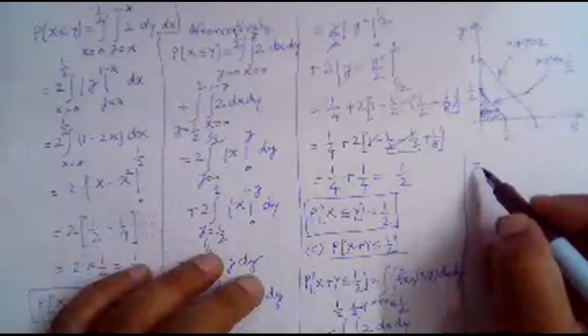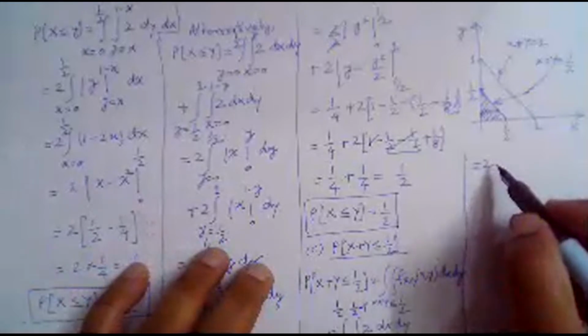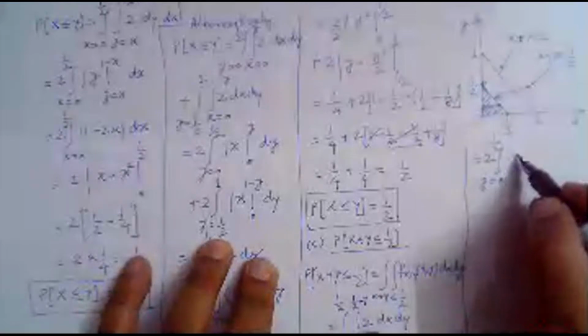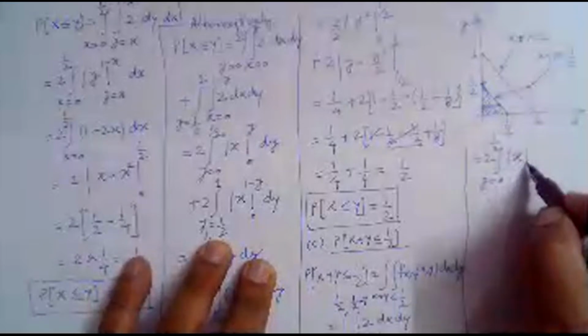So these are the limits of integration, which should not be difficult to evaluate, right? So this 2, this constant, can be taken out, and we have y is equal to 0, and the upper limit is 1 over 2, and we integrate with respect to dx, we get an x here with limits x is equal to 0 and 1 over 2 minus y, right?